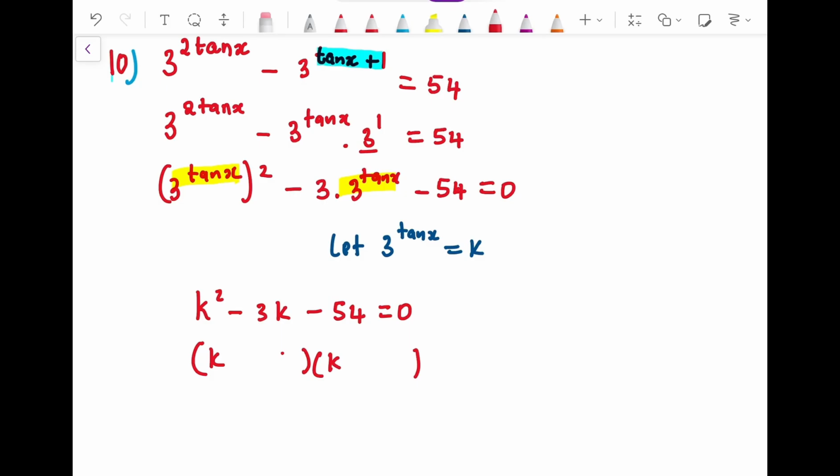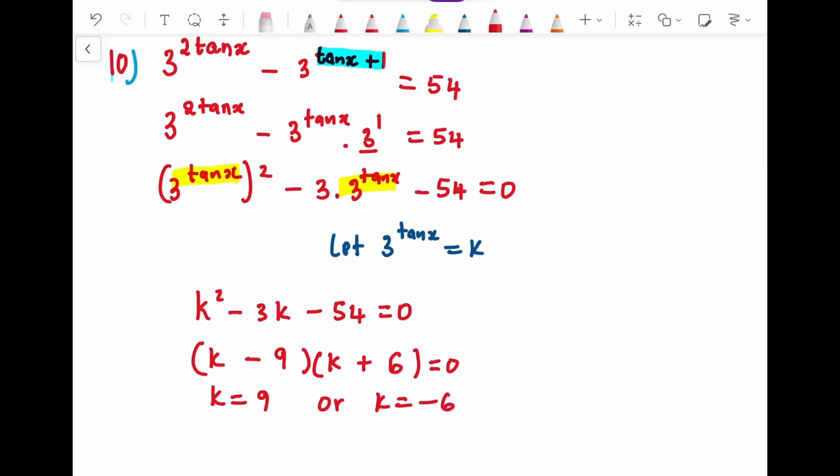So we have 9, we have 6. The signs are different. The bigger number will correspond with the middle term. So we have minus, and then we have plus. So that means k is equal to 9, or k is equal to negative 6.